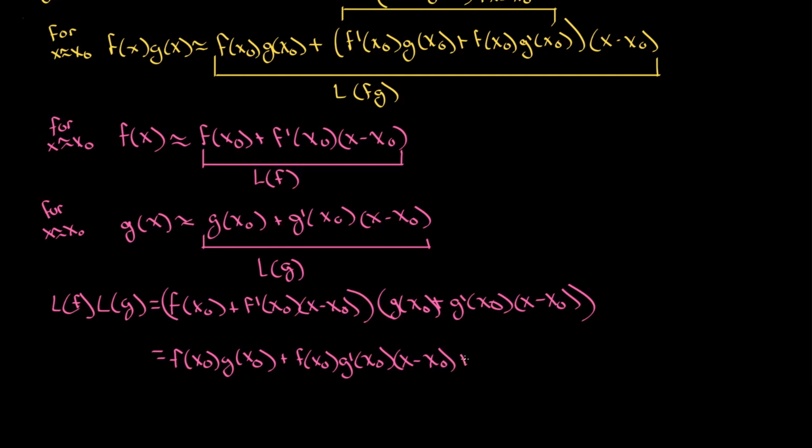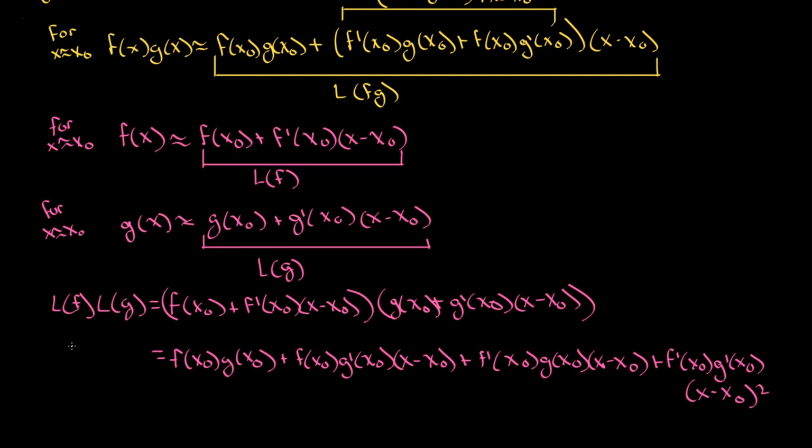So we have plus f prime of x naught times g of x naught, and then times x minus x naught. And then lastly, we have this right here. So we have plus f prime of x naught times g prime of x naught. And I'm running out of space, but we have an x minus x naught squared left over. So we'll put that down here.